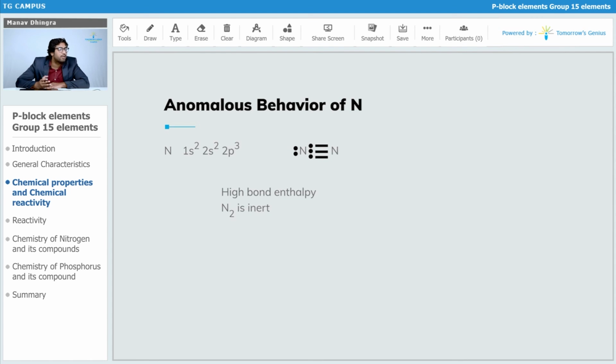Then the anomalous behavior, which I have already explained to you: why is nitrogen so inert at room temperature or even at a very elevated temperature? Because of the very high bond enthalpy. And I have explained why this bond enthalpy is high: because the nitrogen single bond is very weak and the electronic repulsions are very high. To overcome this, it forms the multiple bond.